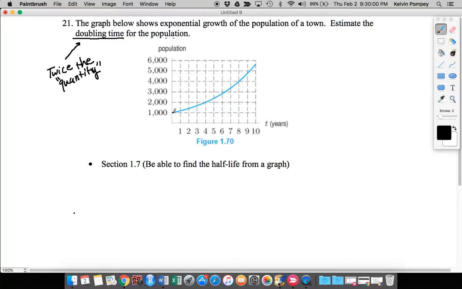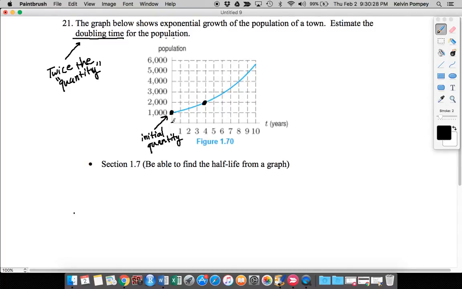This point right here is our initial quantity, which is 1,000 people. If I want to know the double time, then all I have to do is look at how many years it takes me to get to 2,000. If my initial quantity is 1,000, my double of the quantity will be 2,000, which occurs at this point.